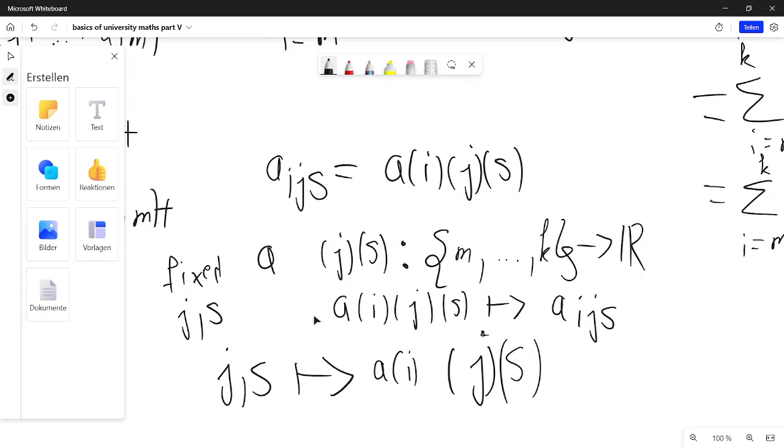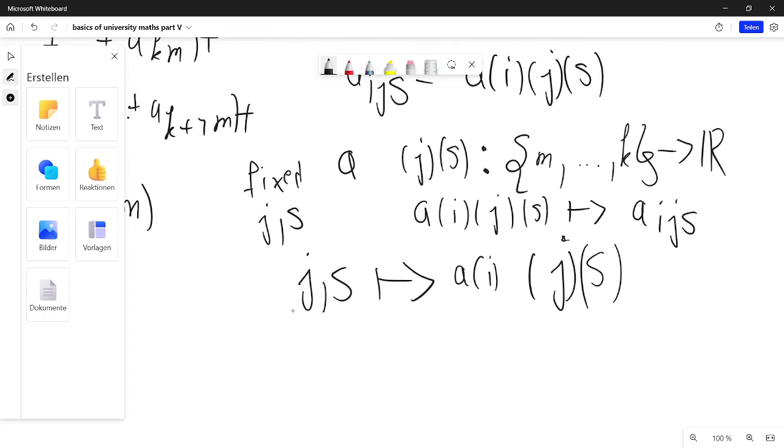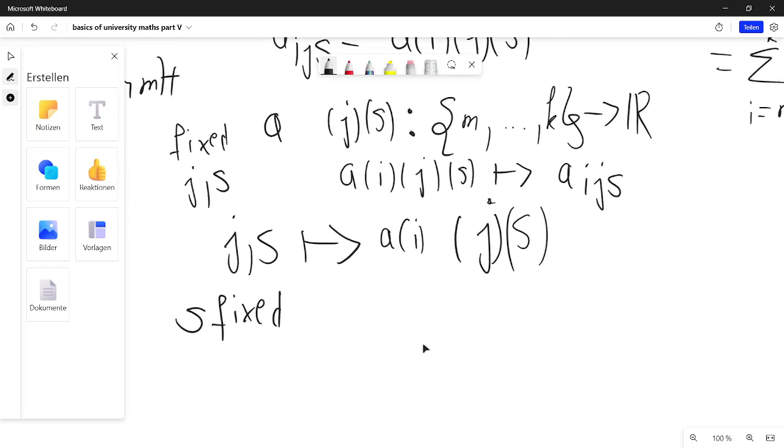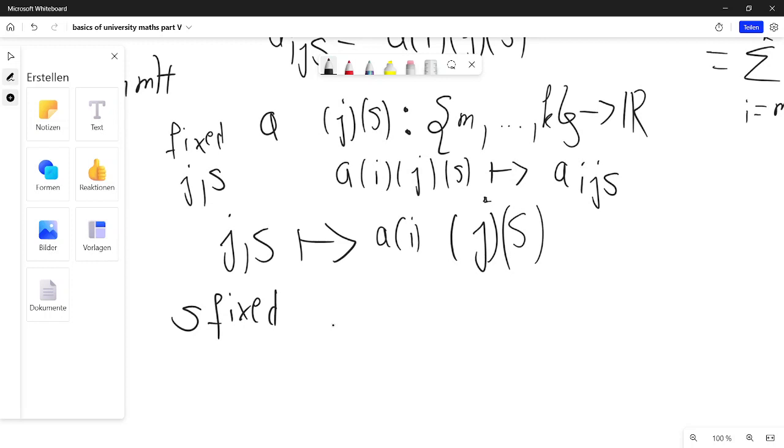So now S is fixed. Then J gives us a function, right? S is fixed.